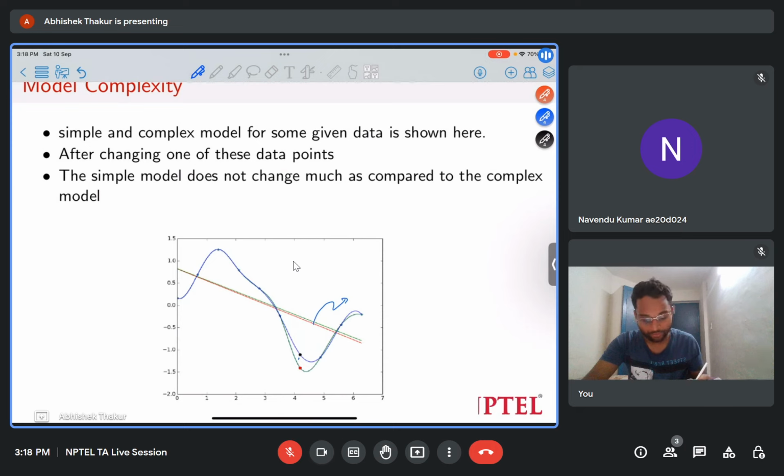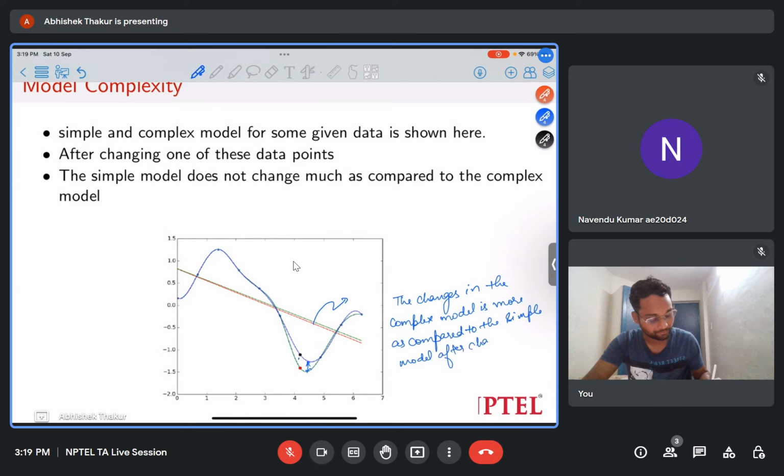As compared to that, you can see the changes in the complex model are more, after changing one of these data points.